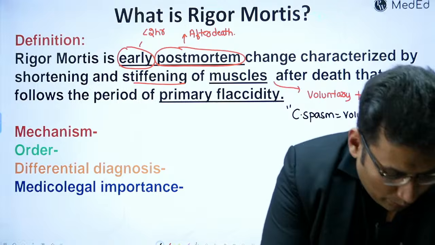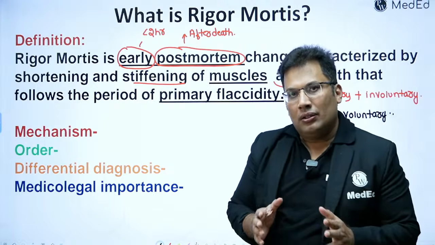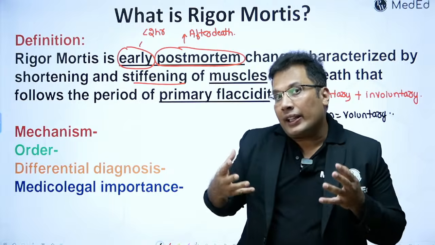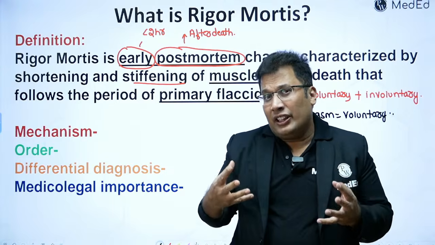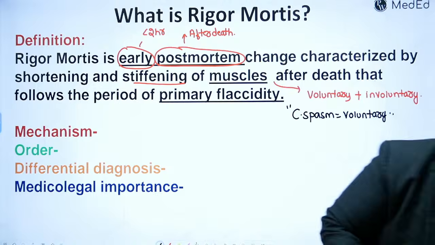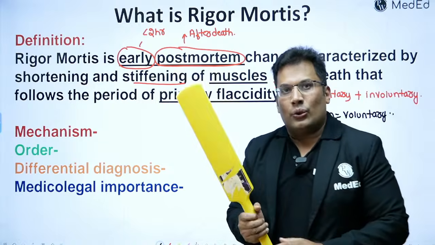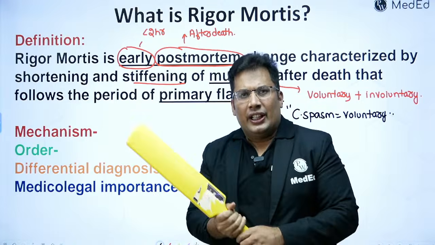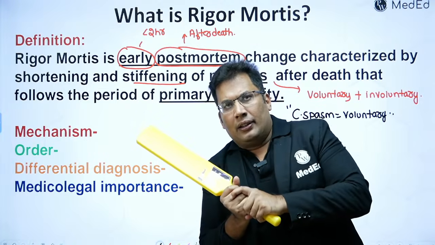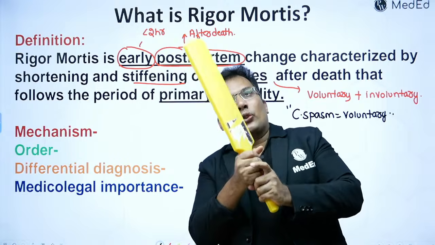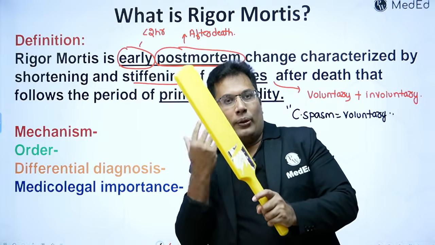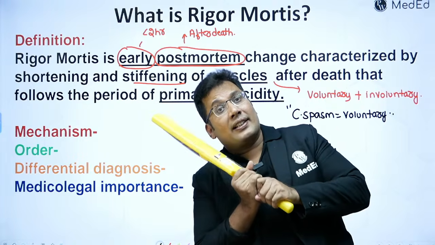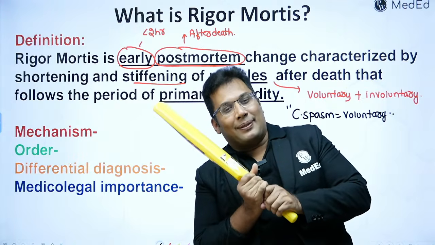In my experience, there was one case of a cricket player who died due to electrocution. As you know, electrocution death is sudden because of ventricular fibrillation. He was holding a wet bat like this, with moisture, and he died because he was touching the current wire, which was passing through the wet bat into the body. He was like this. My question: is it rigor mortis or cadaveric spasm?